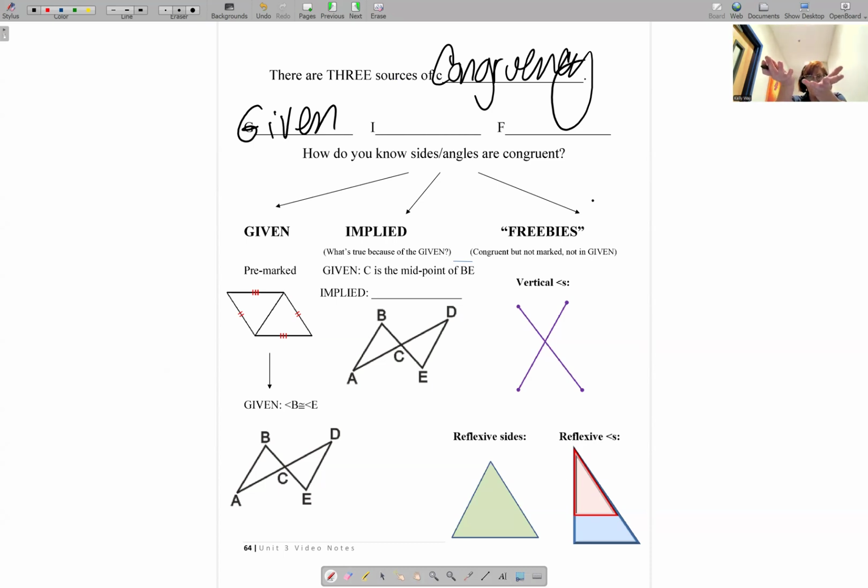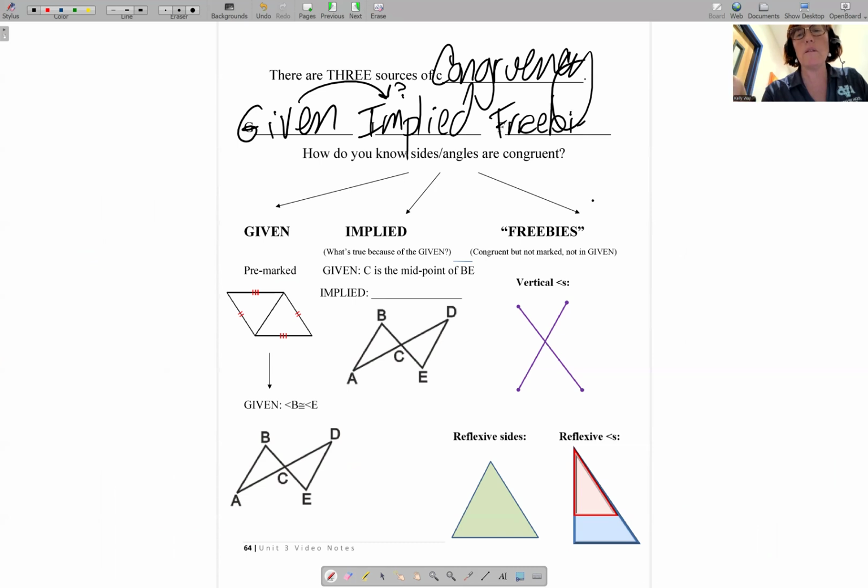It's just handed to you on a silver platter. 2 would be implied information, means if it's given, what else is true? And the last one, of course, is our freebies that you've been practicing. Freebies, given, implied. I'm going to give you an example of each.